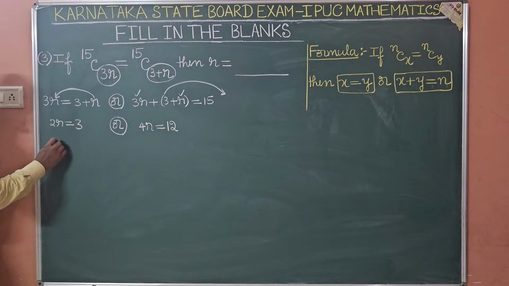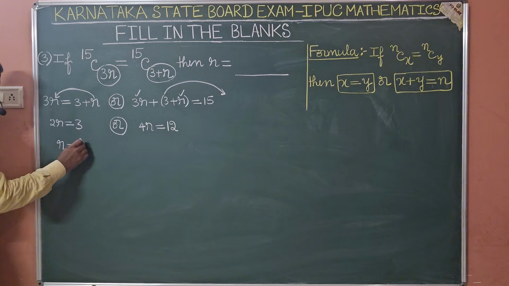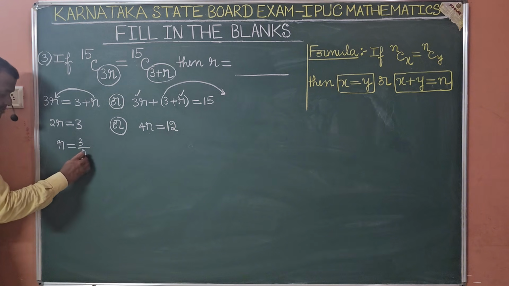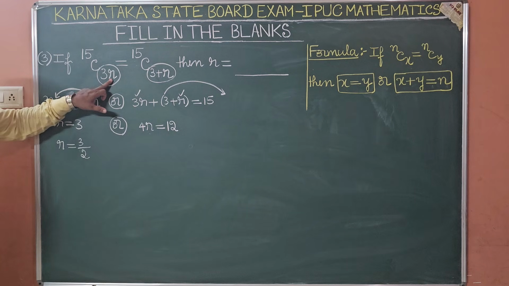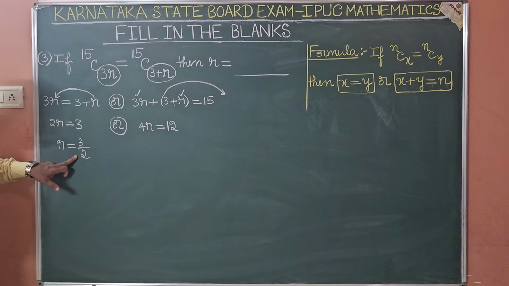And here we get r is a fraction, 3 by 2, which is not correct. This should not be the case. You know, r value should be either 0 or a natural number. It cannot be 3 by 2.